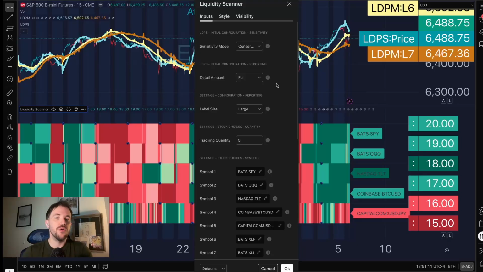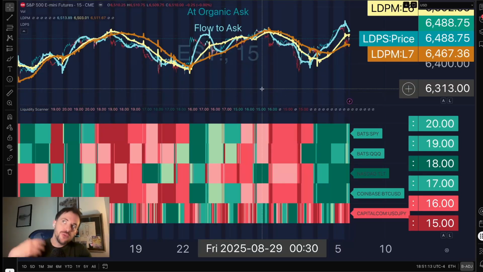The reason why I choose the conservative mode is that I want the scanner to be a little bit more on the cautious but confident side, so that if it starts showing me bearish prints, I can be pretty confident that those bearish prints are going to last.